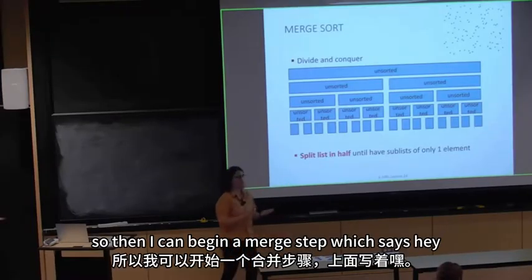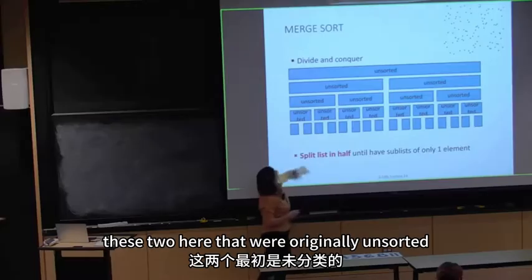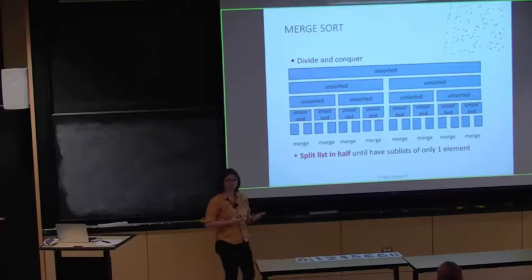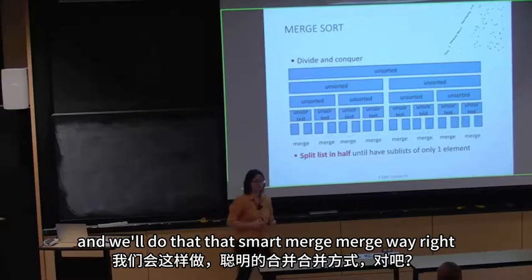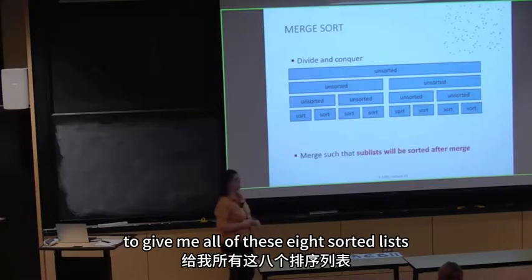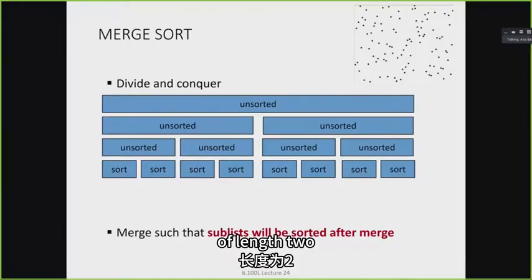So then I can begin a merge step, which says, hey, these two here that were originally unsorted, let's just merge the pairs back up. And we'll do that, that smart merge way, right? So these will merge back in to give me all of these 8 sorted lists of length 2.